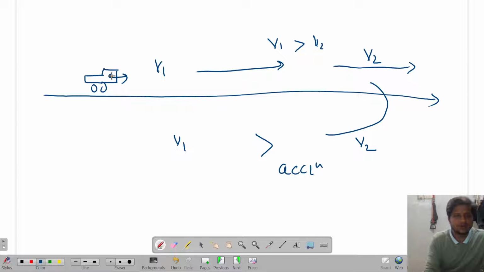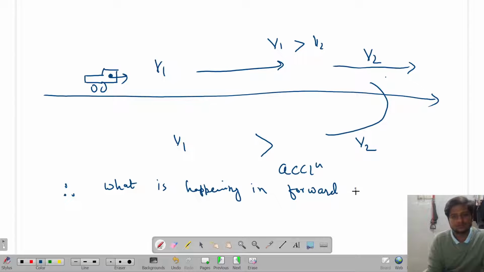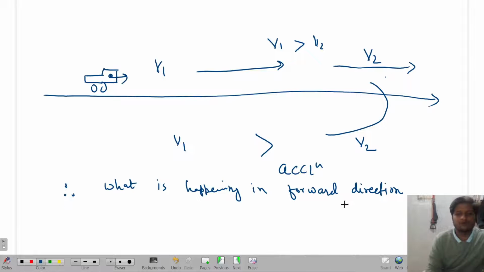If I consider what is happening in the forward direction, you will say that it is retardation, and that is minus a.